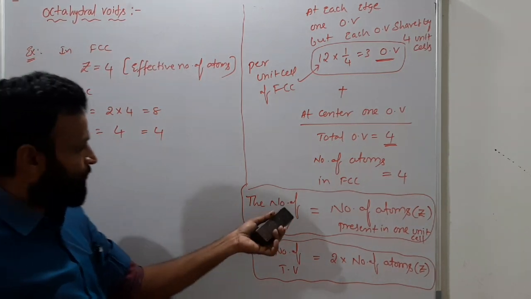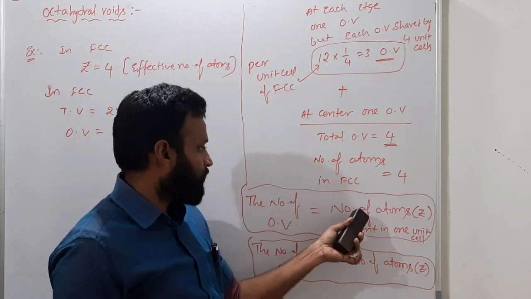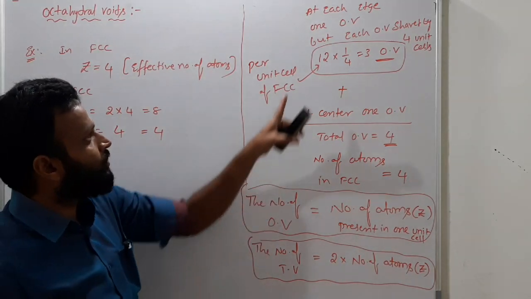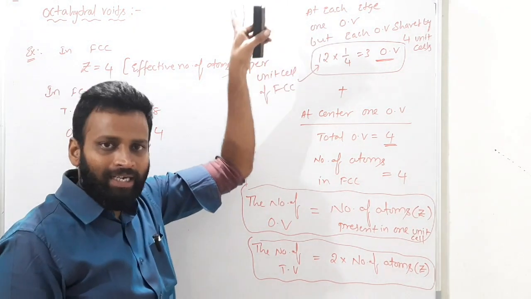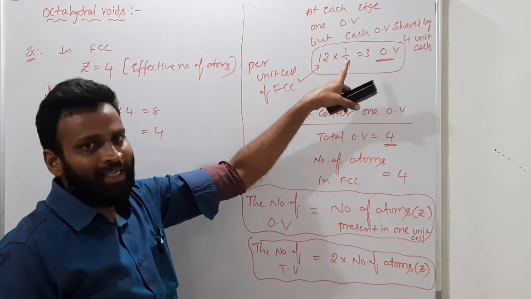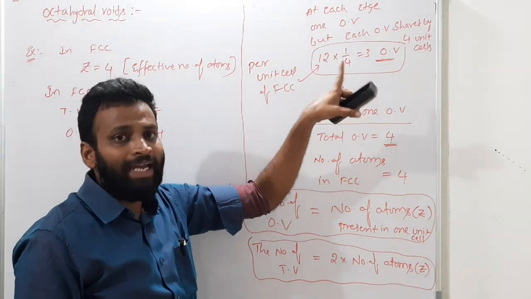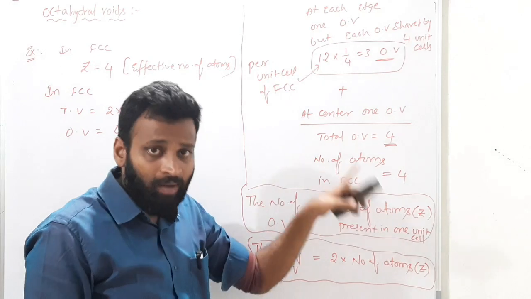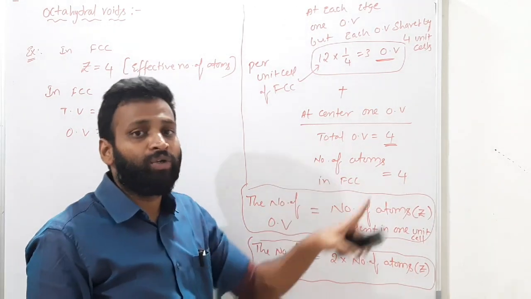Because the number of octahedral voids is equal to the number of atoms present in a particular unit cell. How did I come to know? Because in FCC, one octahedral void forms at the middle, and the remaining octahedral voids form at each edge. Each edge consists of one octahedral void, but that octahedral void belongs to 4 unit cells.